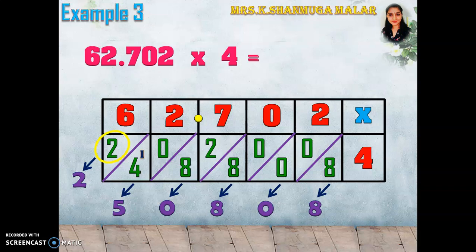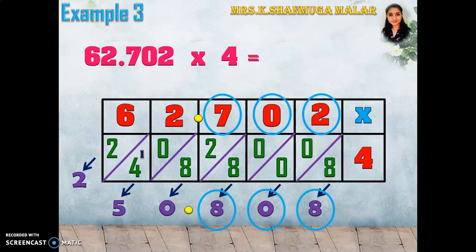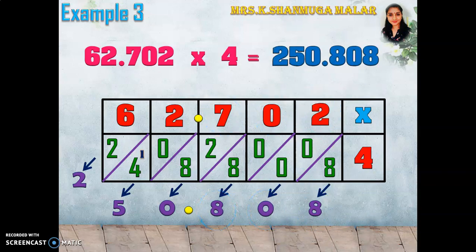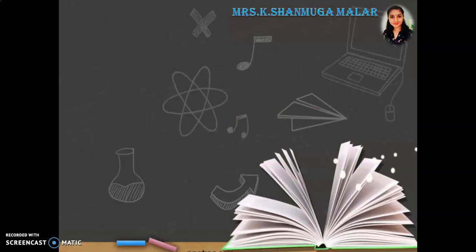So we must find the decimal places before we place the decimal. 1, 2 and 3. There are 3 decimal places. So we must write after these 3 numbers. So the answer is 250.808. Do you understand, students?